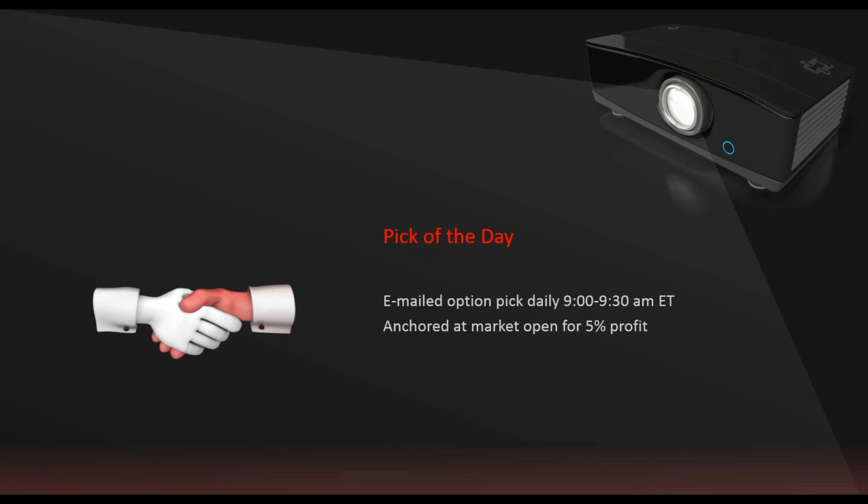Something else I want to tell you, ladies and gentlemen, the pick of the day. This is that feature we showed you earlier where you get the email every morning between 9 and 9:30. It simply identifies a particular option that is favored.